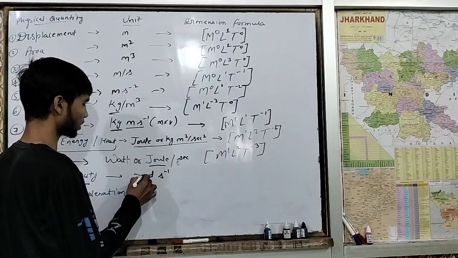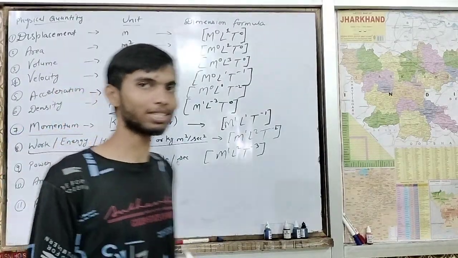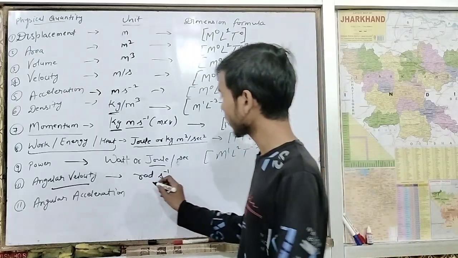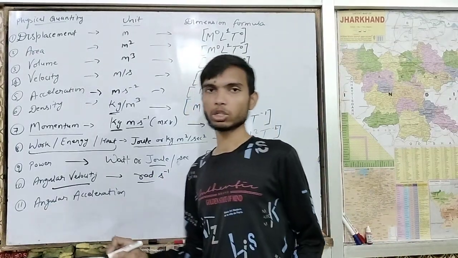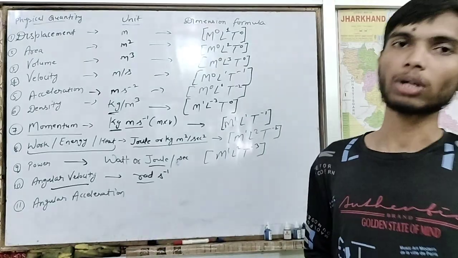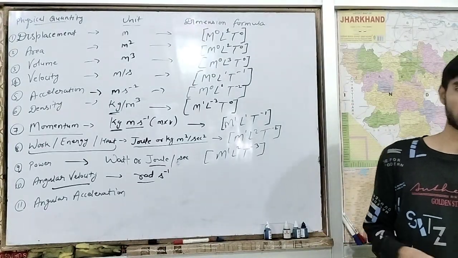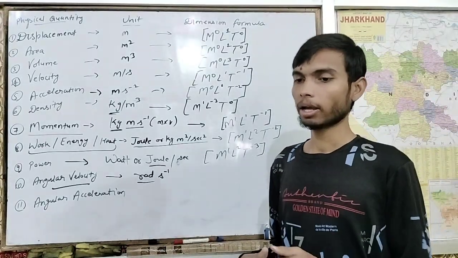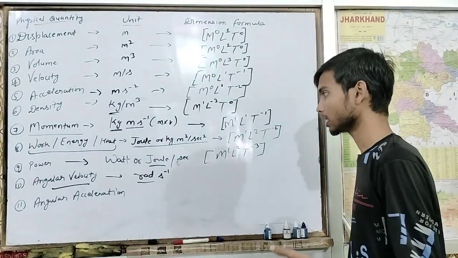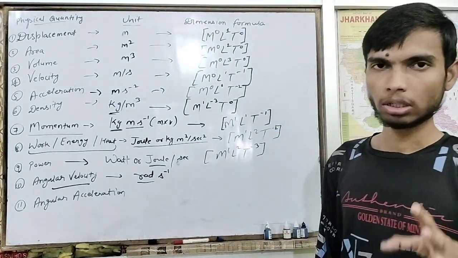The second twist is over here. Remember, supplementary quantities will not give you dimension. Supplementary quantities do not have dimension.